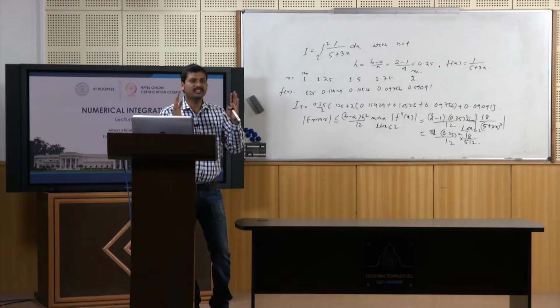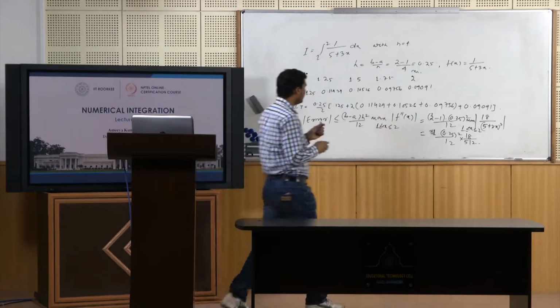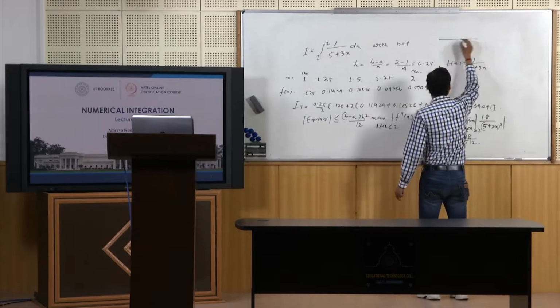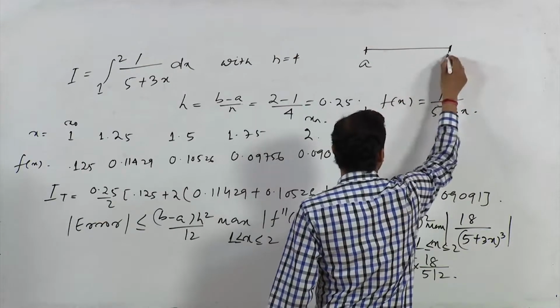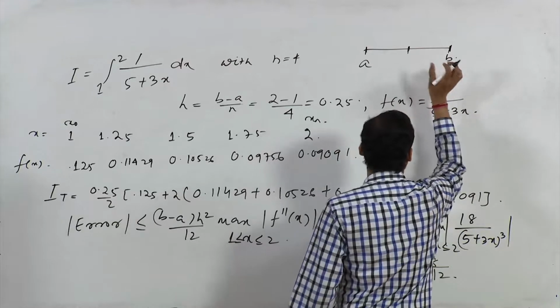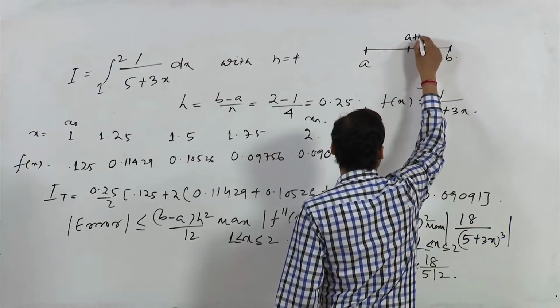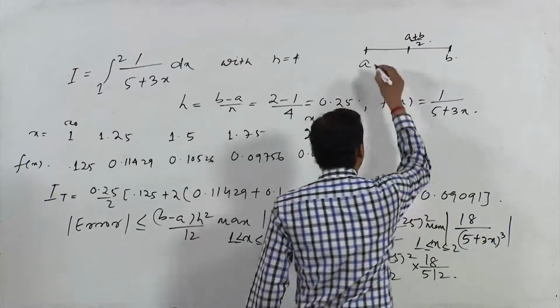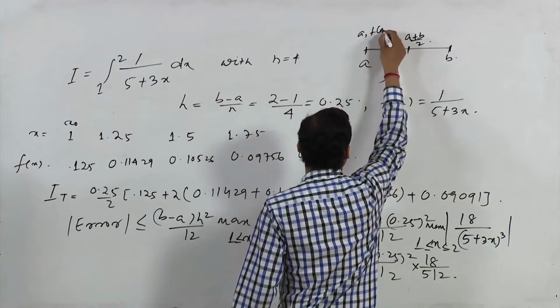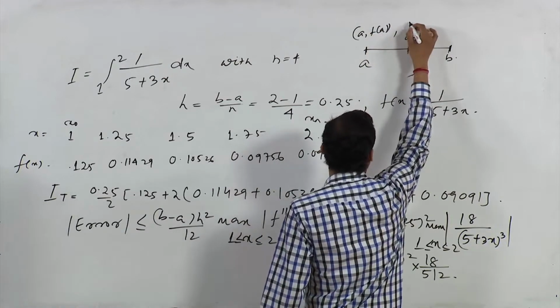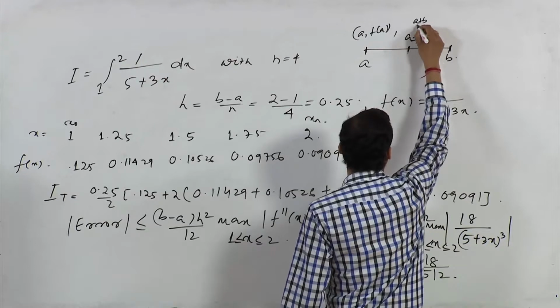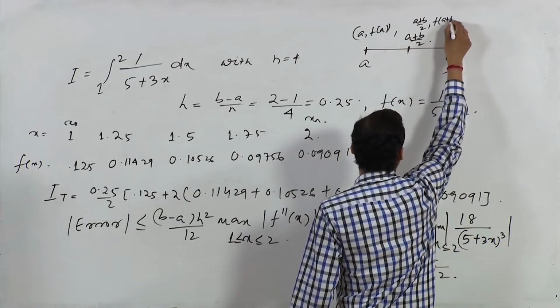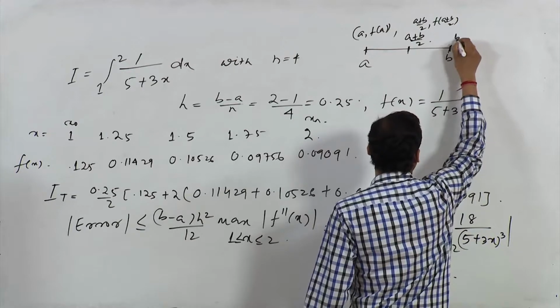Here we will subdivide this interval into 2 parts, considering the middle point as a plus b by 2. So, if you divide any interval a to b into 2 sub intervals, then we can write the midpoint as a plus b by 2, and we will have 3 points: a, f of a, a plus b by 2, f of a plus b by 2, and then the third point b, f of b.